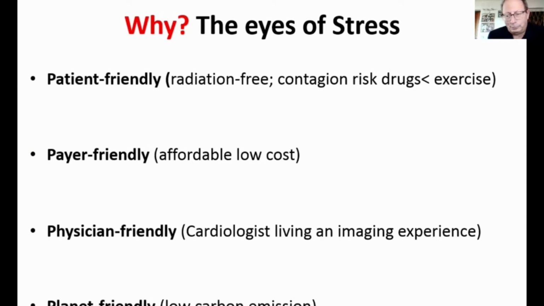This puts the cardiologist echocardiographer in an ideal position to take the best advantage of the staggering versatility of stress echocardiography. And what is becoming more and more important, the technique is planet-friendly, with low carbon emission and very little impact on climate.